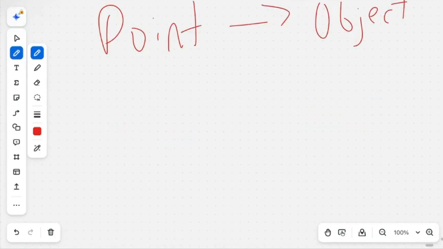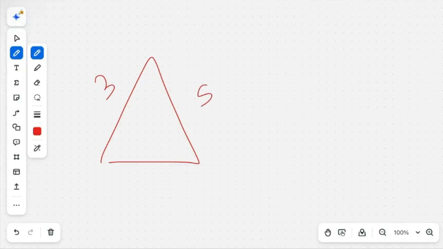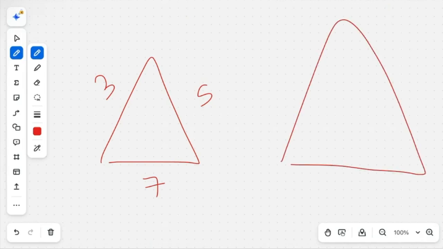For example, imagine you had a triangle. Imagine the sides were 3, 5, and 7. Imagine you had over here another triangle with sides 6, 10, and 14.